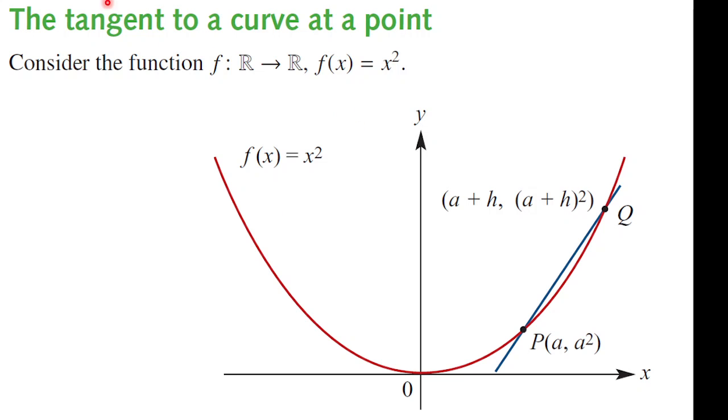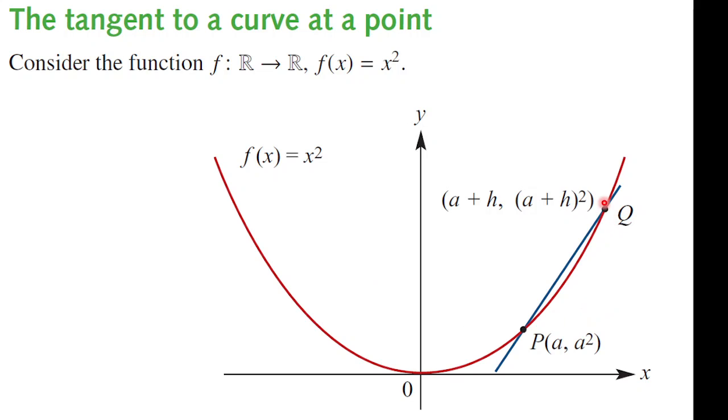Okay, now to determine the tangent to a curve at a point, let's look at a simple function, which is y equals x squared. If we define a point P on that curve, let's fix its x coordinate to a value a. The y coordinate is a squared, coming from the rule of the curve.